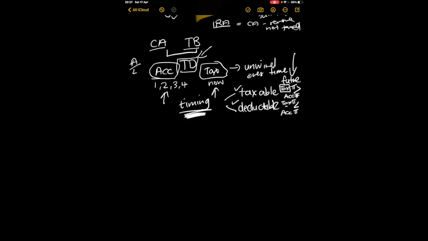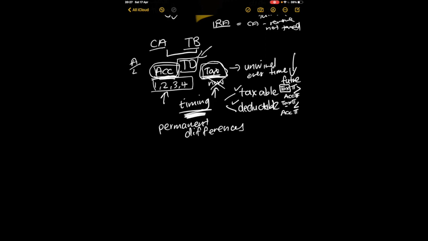Now, getting back to the difference between the accounting treatment and the tax treatment. If there is a difference between accounting and tax, and that difference will never unwind over time, then we would call that a permanent difference. So a permanent difference would be when we can claim the expense from an accounting perspective, but we cannot get a deduction from a tax perspective ever.